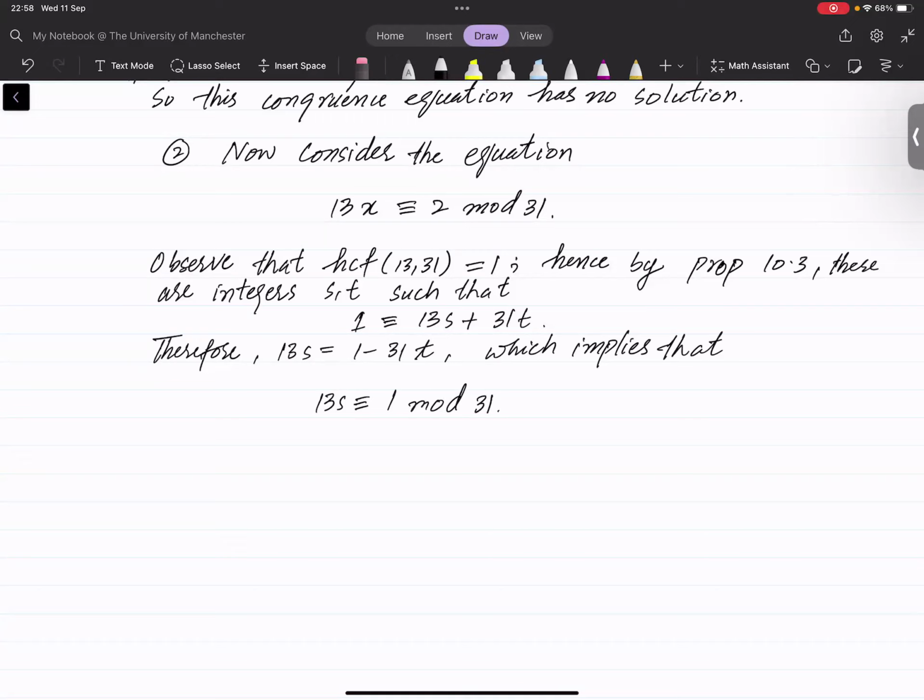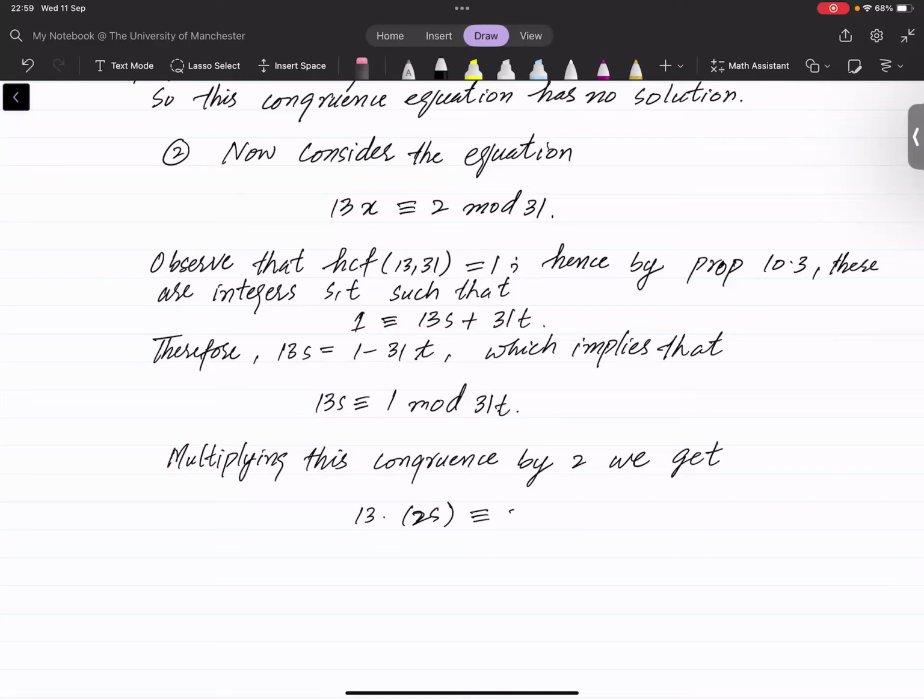Multiplying this congruence by 2, we get 13 into 2s is congruent to 2 mod 31.